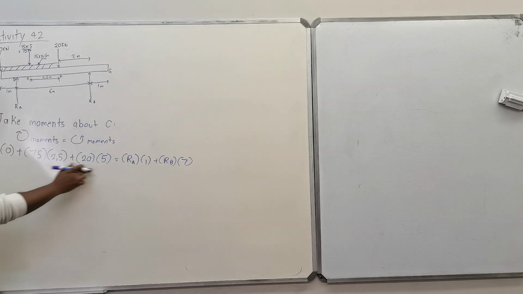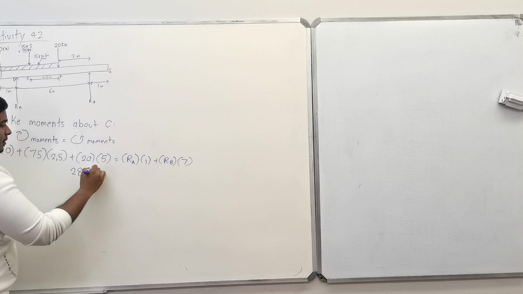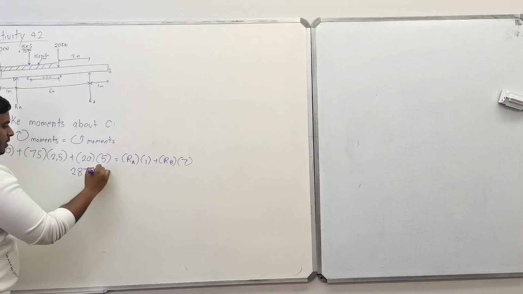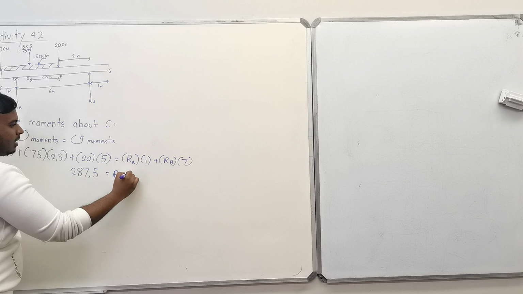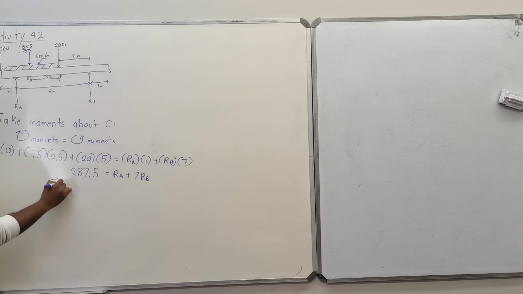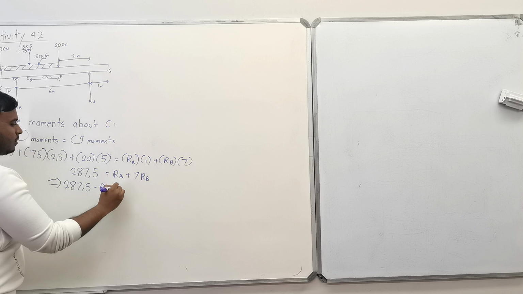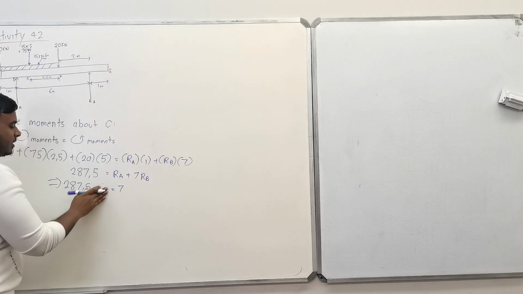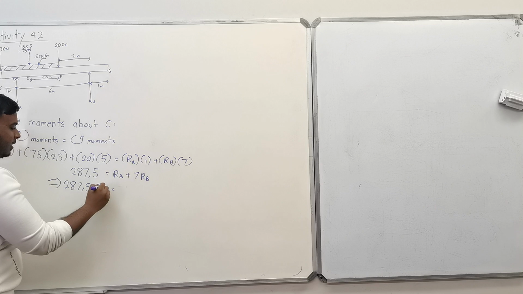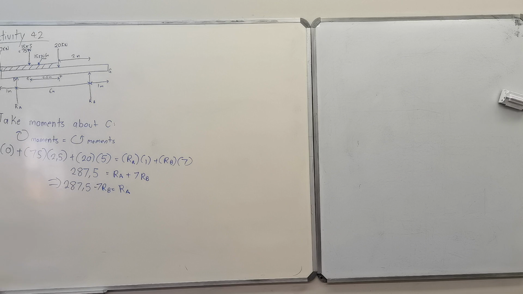If you put this whole thing in your calculator, what do you get? 287.5 equals RA plus 7 RB. Making RA the subject, 287.5 minus 7 RB is equal to RA. So now we've got one equation. Can we do anything further than that? No, we don't have enough information.